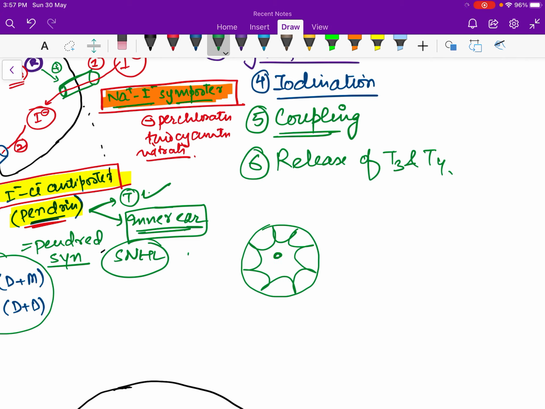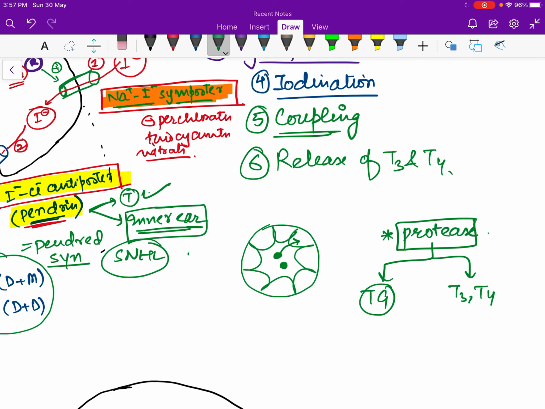T3 and T4 are present here along with thyroglobulin. From colloid they diffuse back into the follicular epithelial cell, and here the enzyme protease acts on this, and it causes release of T3 and T4, and thyroglobulin will also be released, which will diffuse back into the colloid for recirculation.